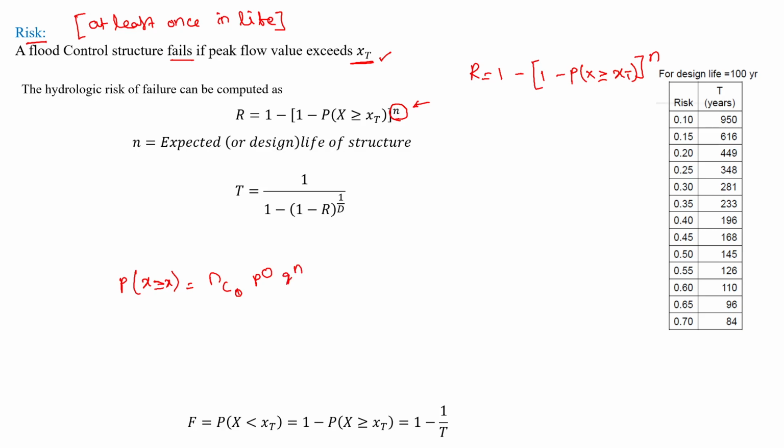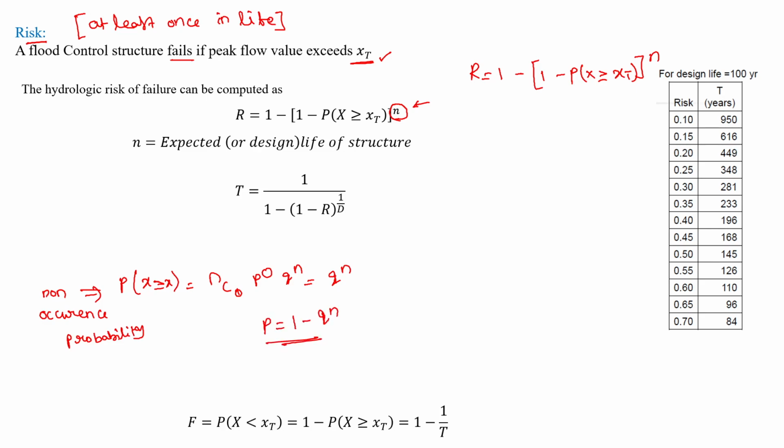Okay, this is the non-occurrence probability. So it gives q power n. So from there, if I want the occurrence probability, it is 1 minus q power n.